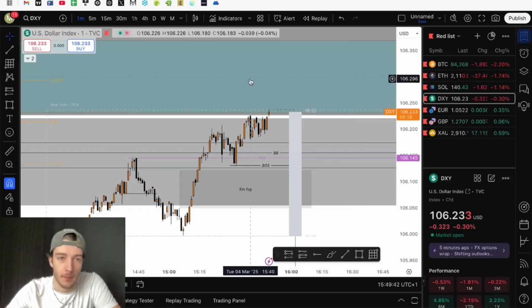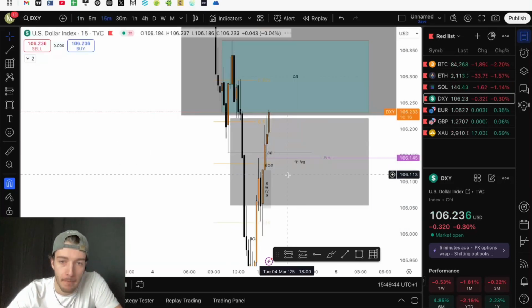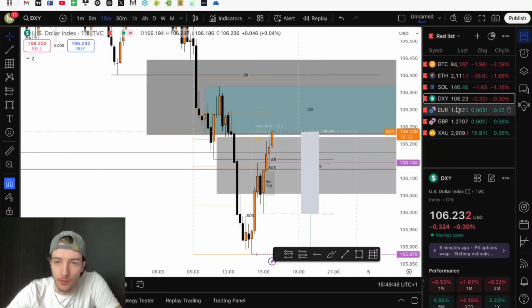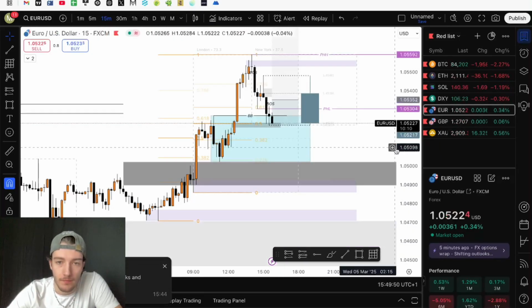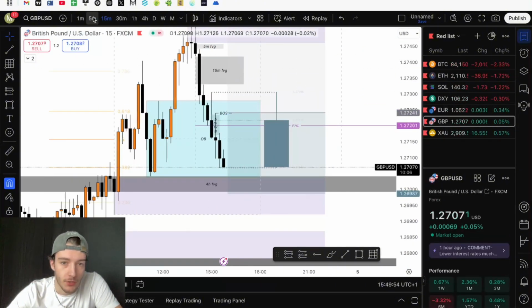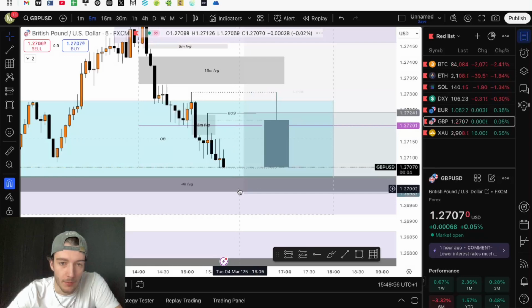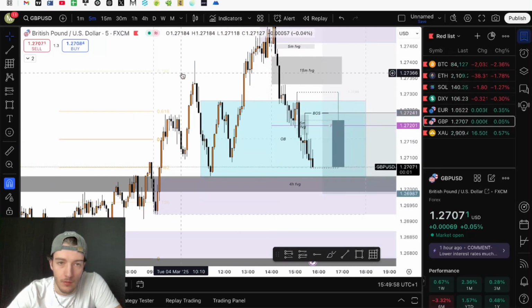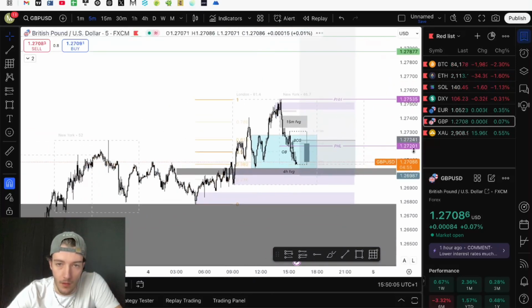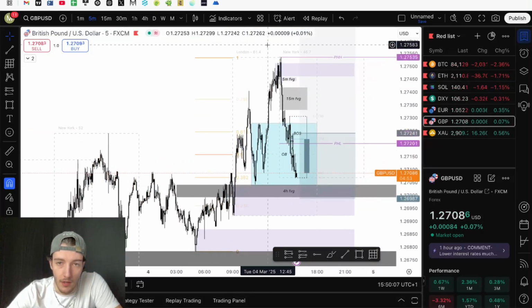Alright, it did tap into the order block. Let's see how far it goes. Euro, not as bearish as GU. GU is reaching the 4-hour fair gap soon. GU is very deep into discount now, from daily low to daily high.